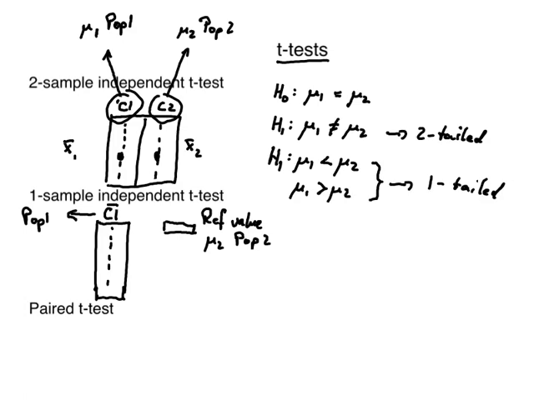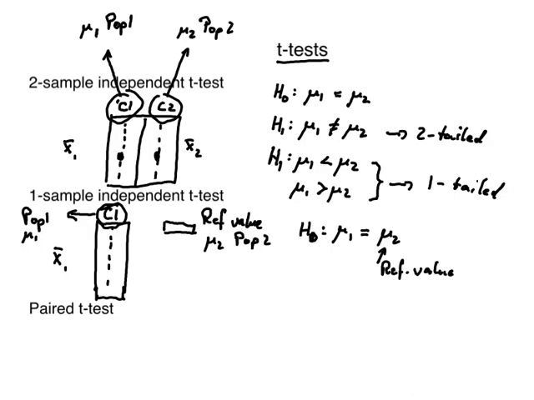We try from our data, where we've got x bar 1, to figure out what the mean of population 1 would be, and then compare it to the already given mean of population 2, which is our reference value. So here we would say H0, that is again mu1 equals mu2, and this would be our reference value.